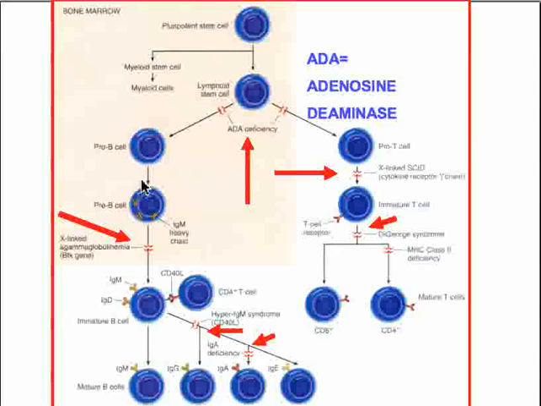And the further down in the tree you are, where a defect might occur, generally the less severe the disease. But if a disease occurs of the mother of all B lymphocytes, let's say, it's going to be a severe deficiency, and it could literally affect all the B cells and all the antibodies.